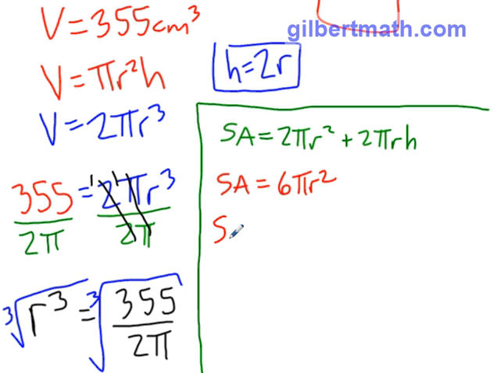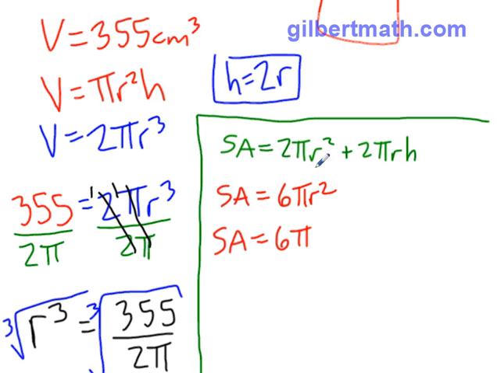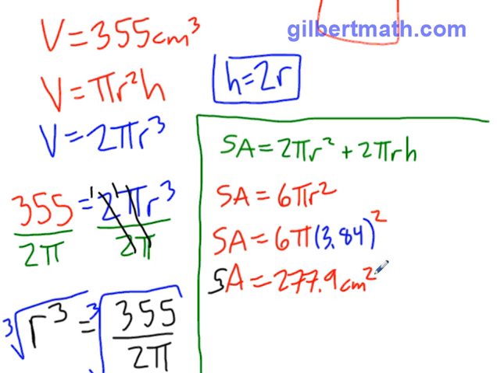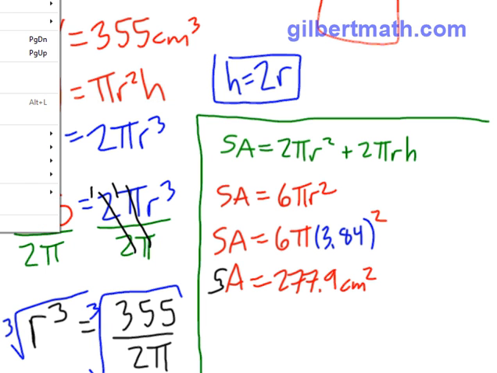I'm going to do it this way. The surface area equals 6 times pi, and r was 3.84, so I put r in, squared, and again I'm going to pause it and do the calculation. And I get that the surface area equals 277.9 square centimeters.